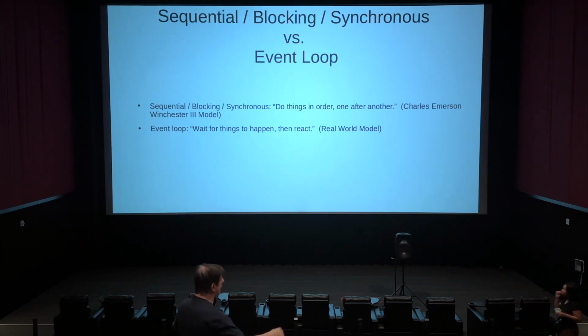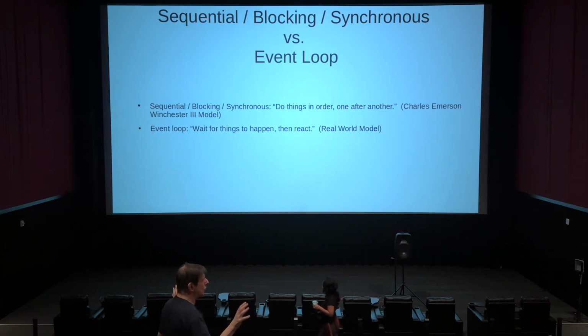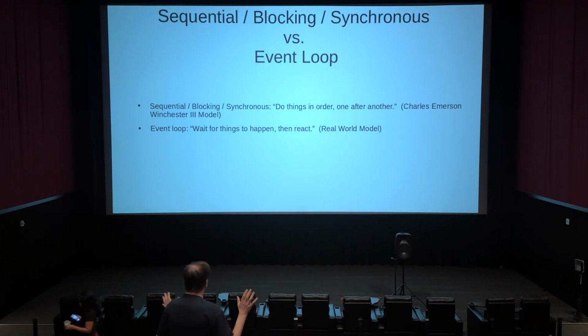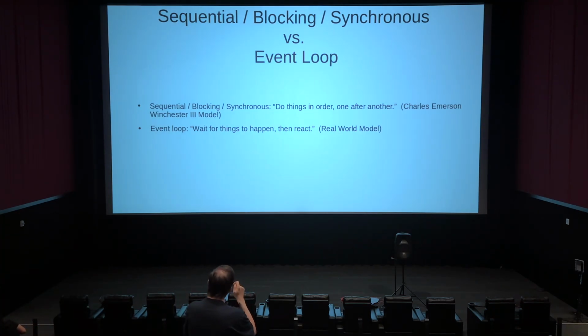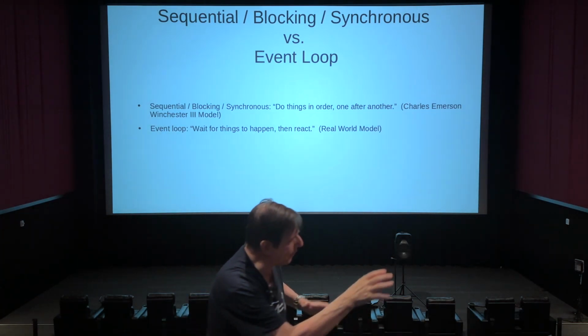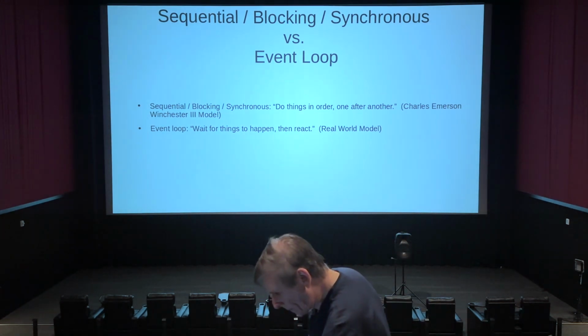Your body and your brain are constantly seeking out new inputs and reacting to them. And in a way, that's what we do with the GUI. We give the illusion that there are multiple things going on in the GUI. So you can see that kind of a difference in programming.